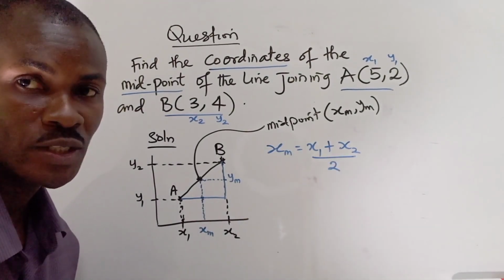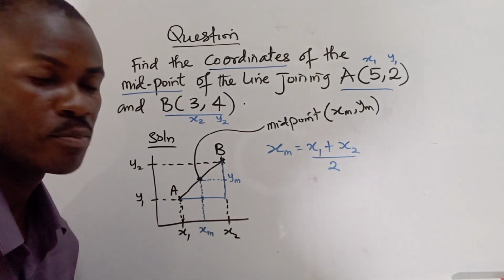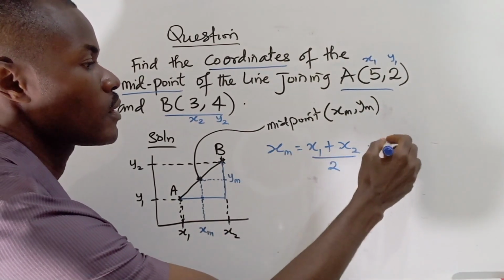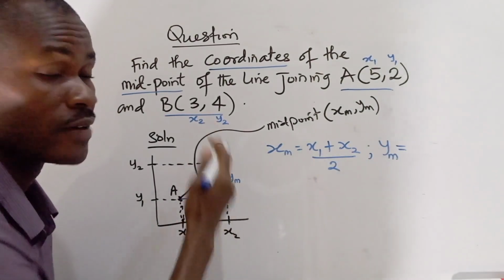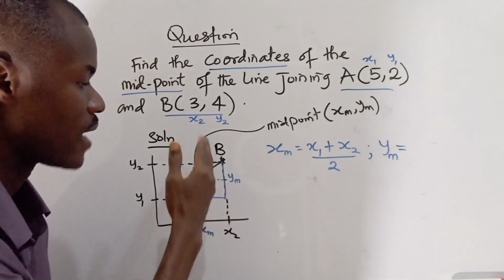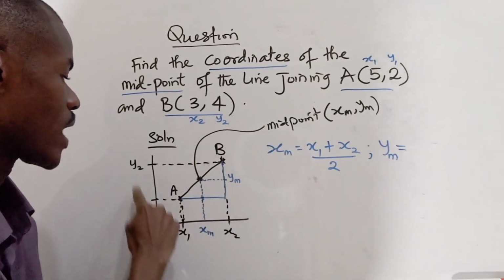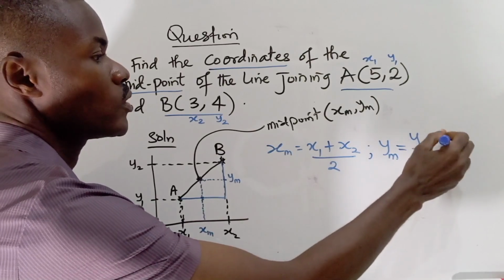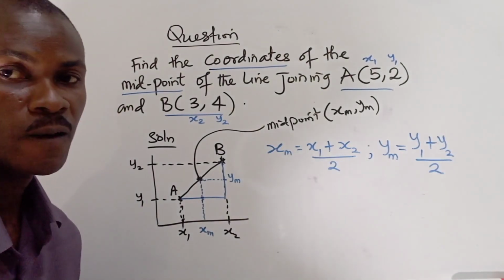So we are simply going to take the average of these 2 points to get the midpoint. Likewise, the midpoint on the vertical axis will be the average of these 2 lengths, which is y1 plus y2 divided by 2.